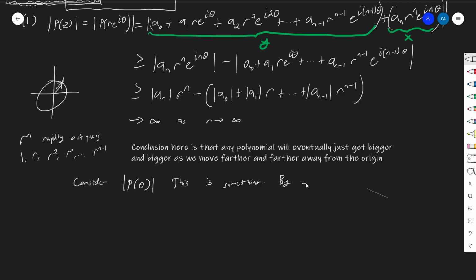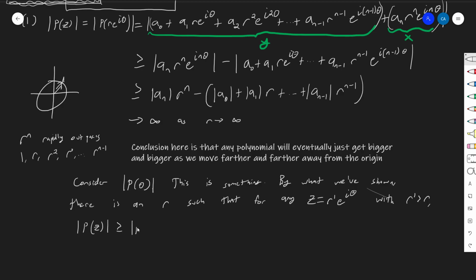By what we've shown, there is an r such that for any z equals r prime e to the i theta with r prime greater than r, we'll always have that the magnitude of p of z is greater than or equal to the magnitude of p of 0.